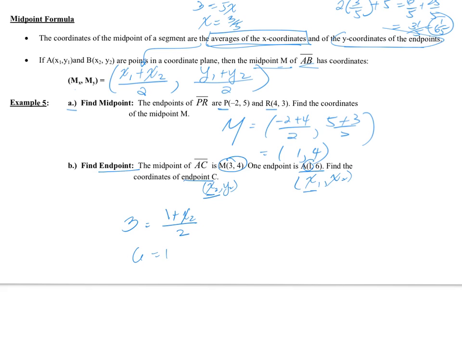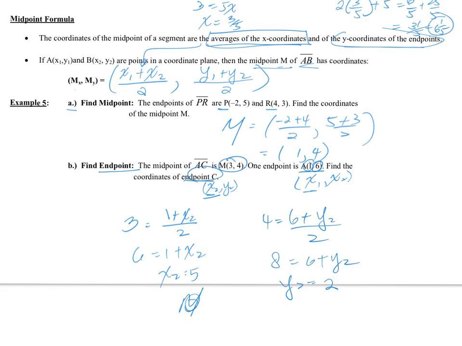So 6 equals 1 plus x2, and x2 will be equal to 5. And for the other one, 4 would equal 6 plus y2 divided by 2, and this will be 8. And y2 will equal 2. So your endpoint C will be 5, 2.